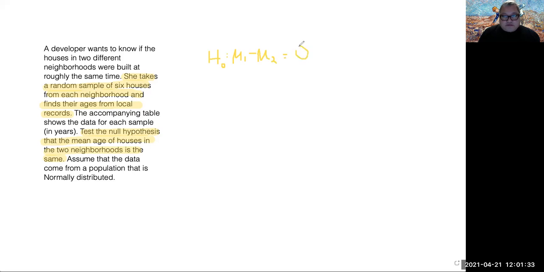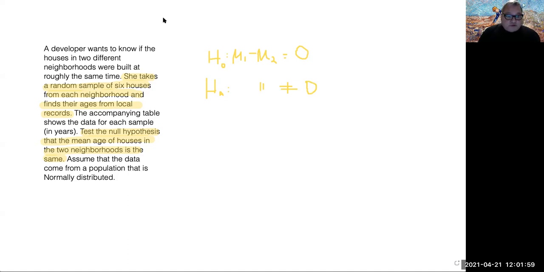The alternative hypothesis will be that such a difference is actually different than 0. This is what we call a two-tailed hypothesis test, as in earlier chapters.